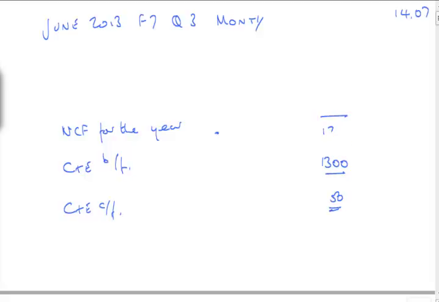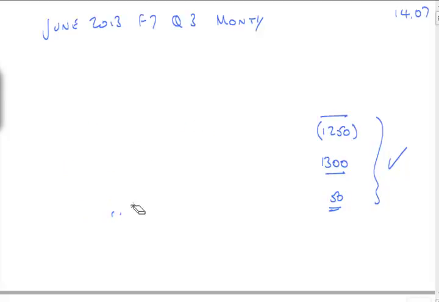Therefore we must have made a 1,250 net outflow for the year, in order to arrive at those bottom 3 figures. Now whatever happens, those 3 figures are right. We know that those are right. So whatever our additions add up to, we do not change those 3 figures, because they have to be right. So I'm going to get rid of it now because that's at the bottom of the answer.